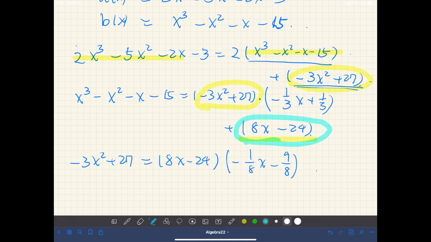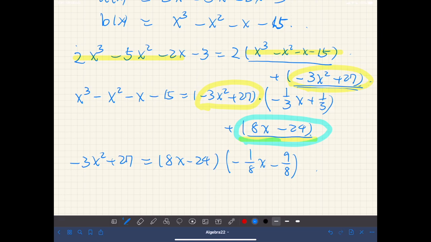But please recall the definition of the greatest common divisor for polynomials. For a polynomial to be a greatest common divisor of some other two polynomials, it should be monic. That means the coefficient of the highest degree term should be 1.